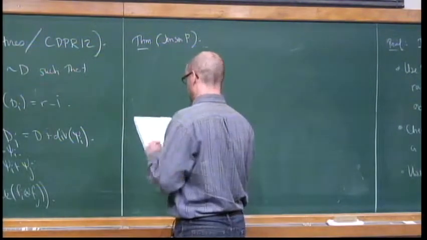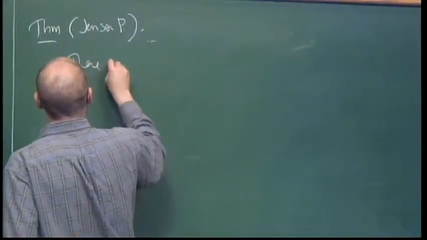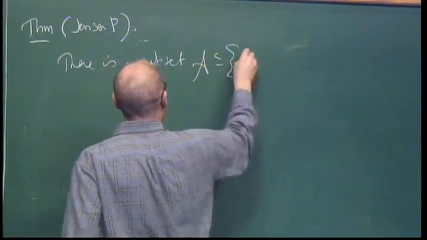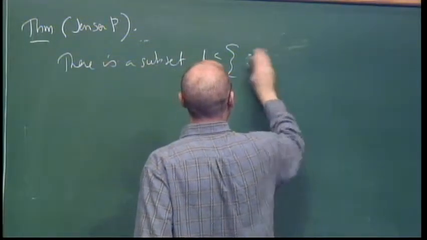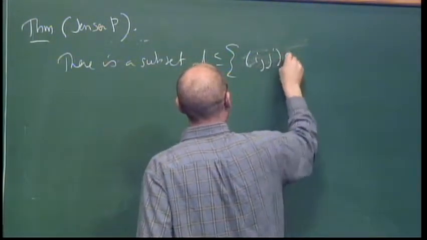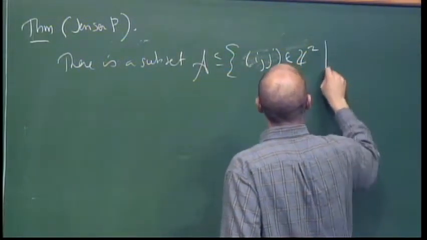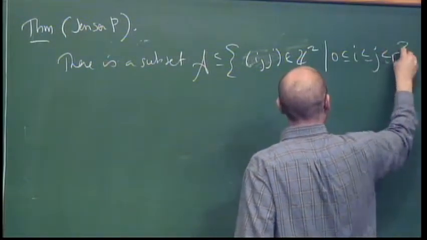So the tropical statement that we prove is that there is a subset A in the set of pairs (i, j) of integer points, such that 0 is less than or equal to i, less than or equal to j, less than or equal to r.